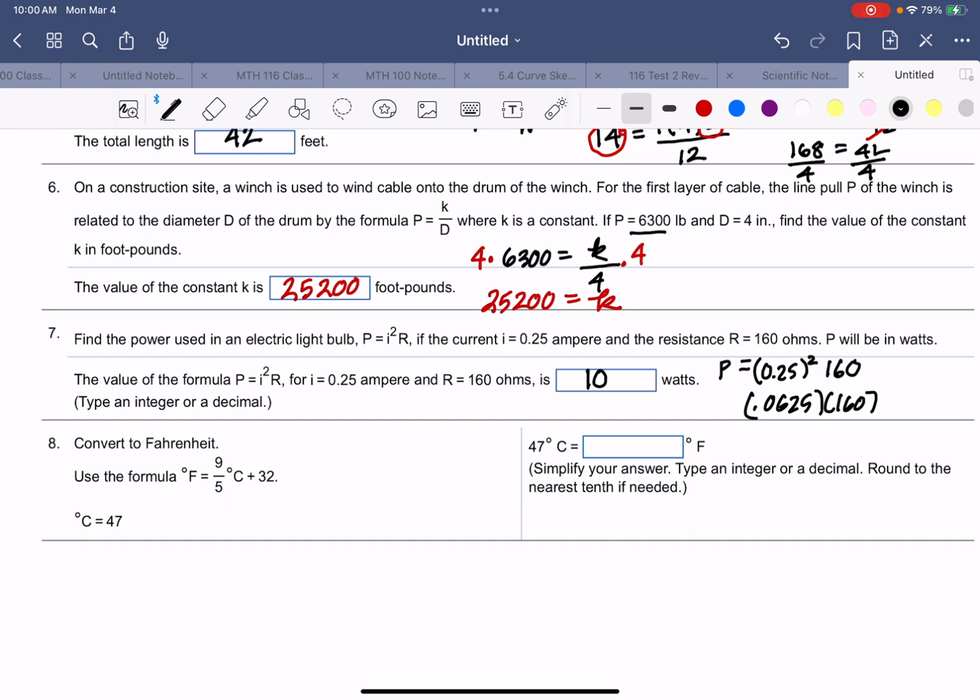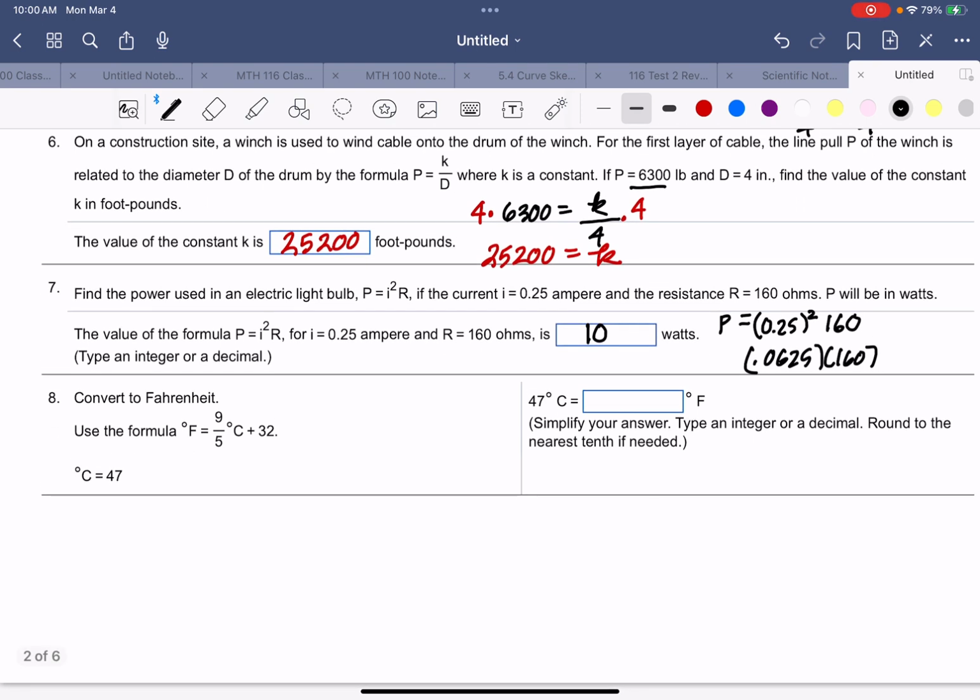Now we have a formula to convert temperature Celsius to Fahrenheit. Celsius is used in many countries. We don't use it here very often, but under this Celsius, 0 degrees is freezing and 100 degrees is boiling.